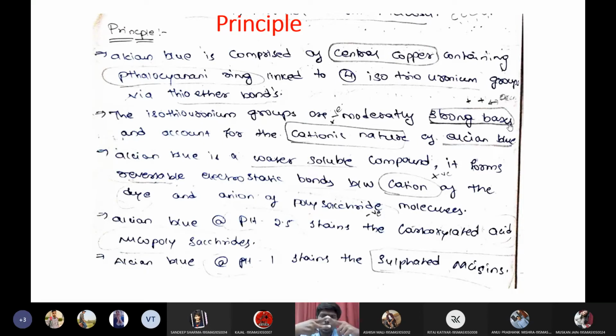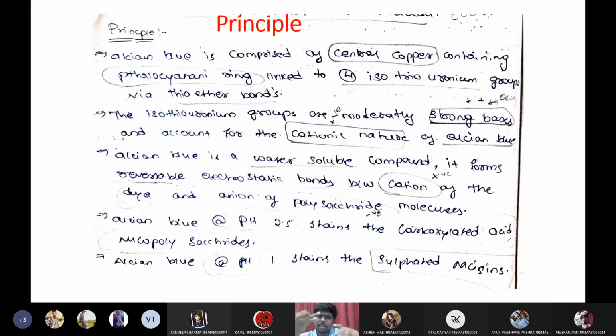These two can be stained at different pH. Sulfonated mucopolysaccharide can be stained at pH 1, whereas carboxylated mucopolysaccharide can be stained at pH 2.5. pH 2.5 is for staining carboxylated mucopolysaccharide. pH 1 is for staining sulfonated mucopolysaccharide.